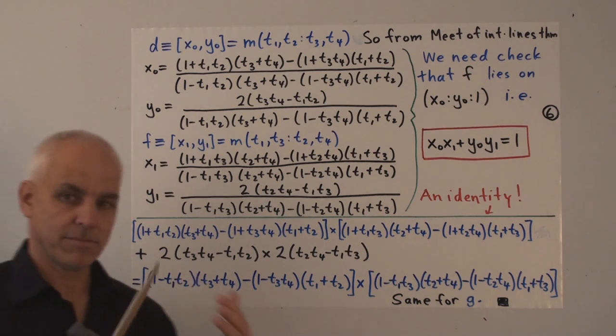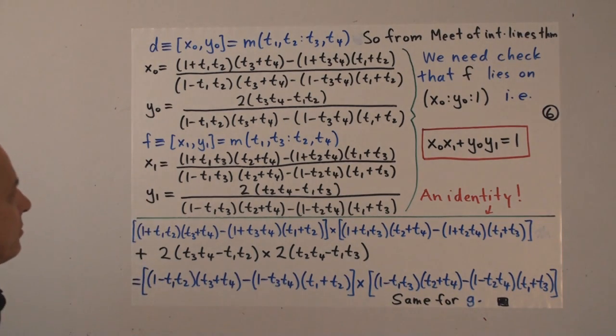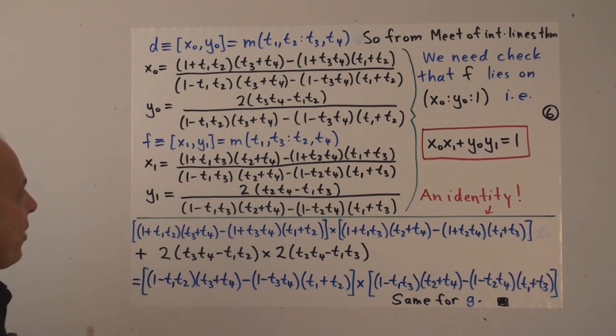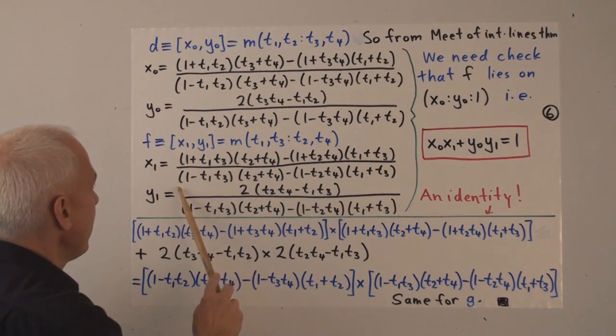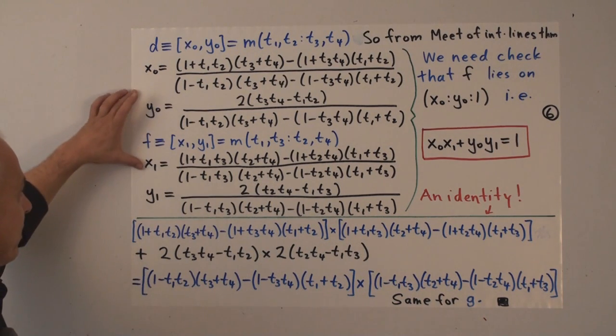But let's not panic. Let's look at it carefully and rationally. What's going on? There's a denominator that appears when you multiply x0 times x1. This denominator here, times the denominator in x1, is going to be the new denominator of the product.